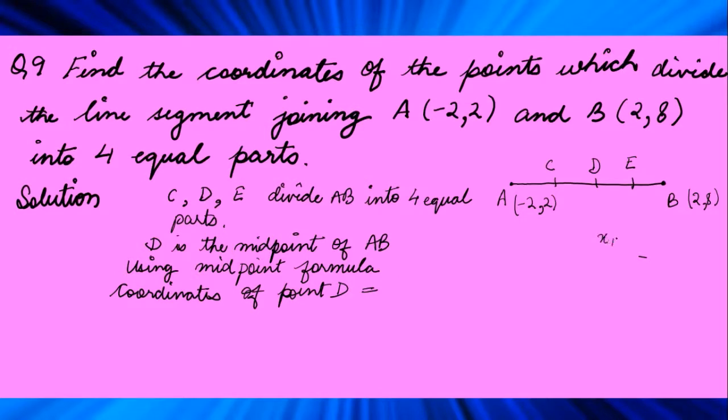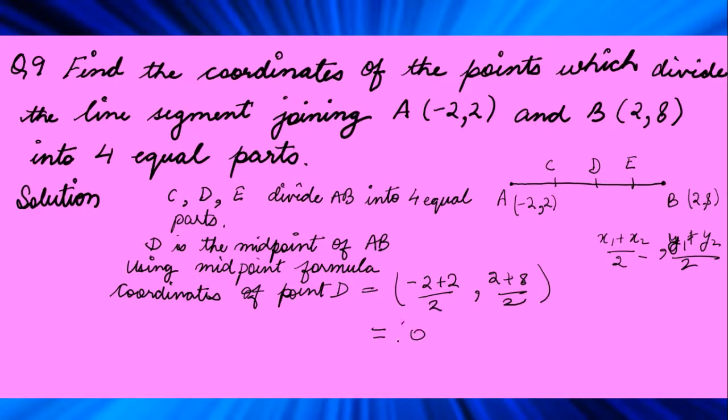That was (x1 plus x2) upon 2 and (y1 plus y2) upon 2. So by that formula you can do (-2 plus 2) upon 2 and (2 plus 8) upon 2. So it will be 0 and 10 by 2, that is 5.